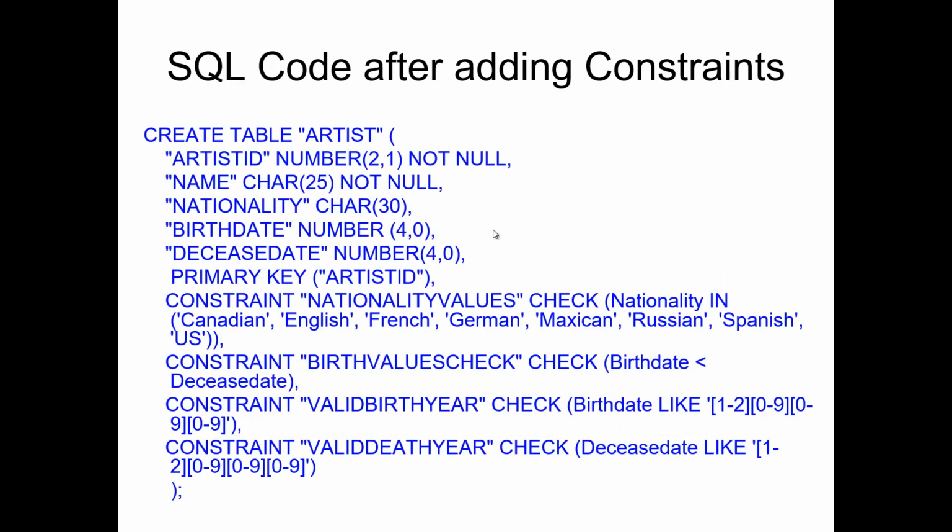This is the code for creating the artist table with all constraints included. You already have that done. That's what we did actually when we implemented the code for the table itself, and then we started altering the table.